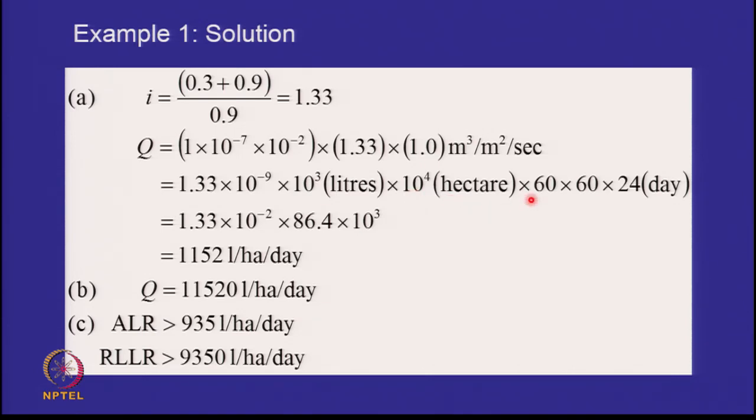And if you want to convert it into a day, 60 seconds, 60 minutes, 24 hours. Is anybody able to give me a value here? What is the value that you get in liters per hectare per day?